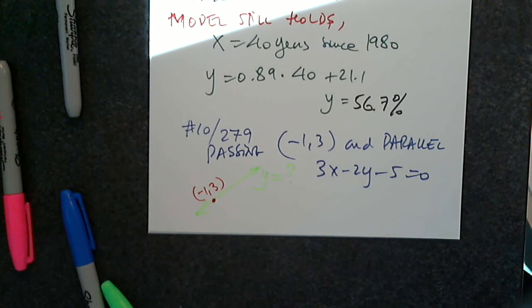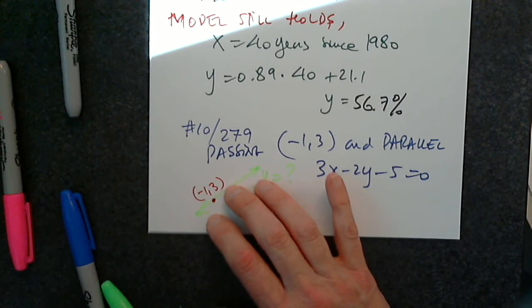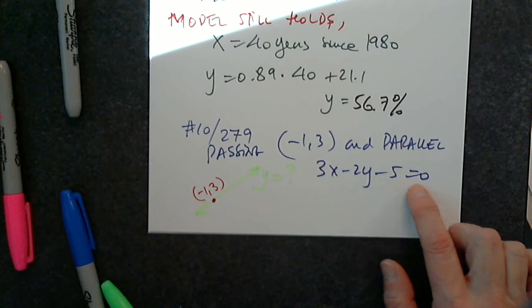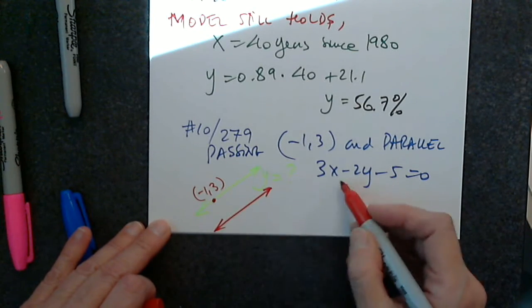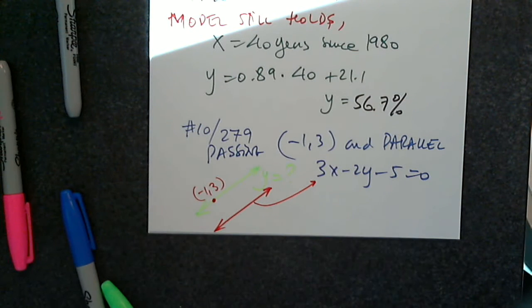I also know that this line, whose equation I'm interested in finding, is parallel to a line whose equation is given as 3x minus 2y minus 5 equals 0. I would like to determine the equation of the green line.